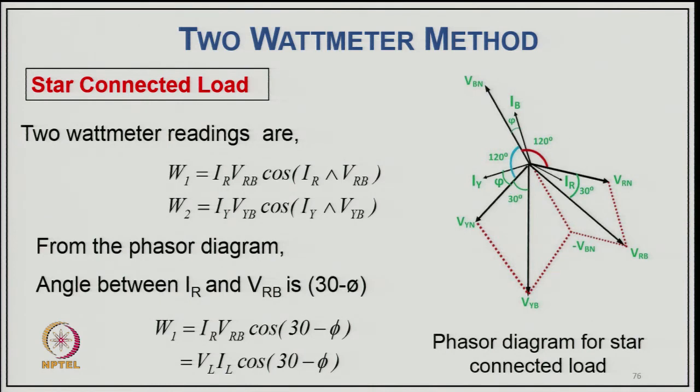W2 will be IY into VYB into cos of the angle between IY and VYB. From the phasor diagram, the angle between IR and VRB is 30 minus phi. So W1 will be IR VRB cos 30 minus phi, or VL IL cos 30 minus phi.